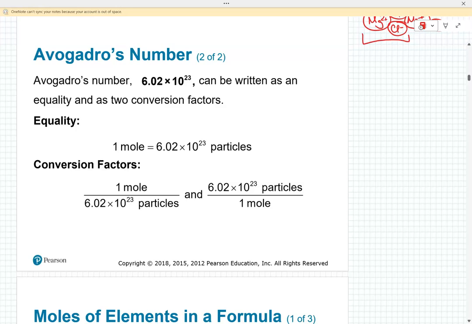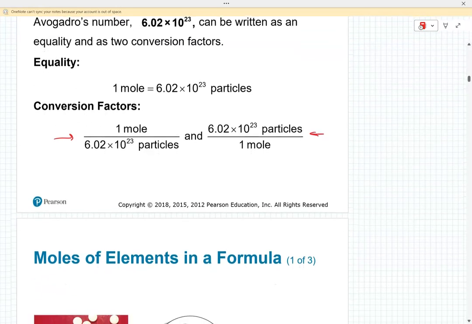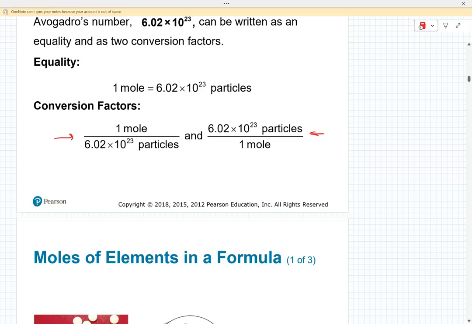Essentially, there's a conversion factor, which tells you that 1 mole is equivalent to that number of particles, or that number of particles constitutes 1 mole. Questions on this?